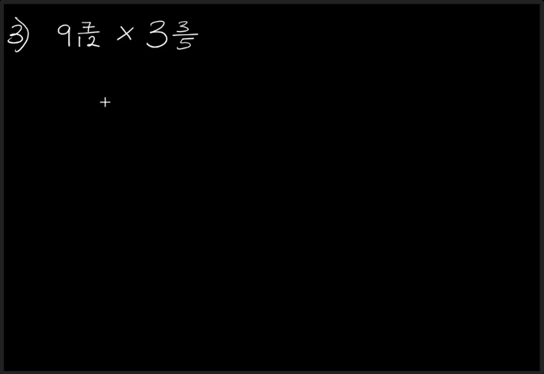Okay, we move to the third example. That will give us 9 whole number 7 over 12 times 3 whole number 3 over 5.